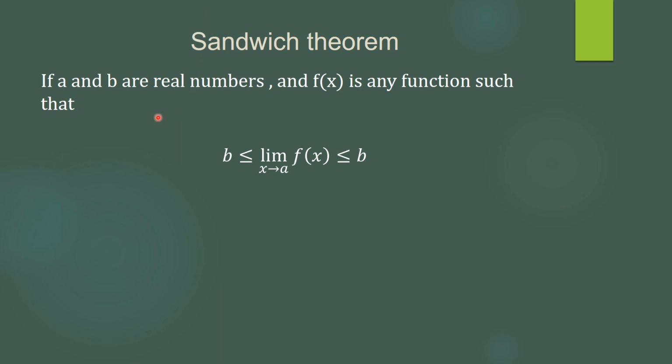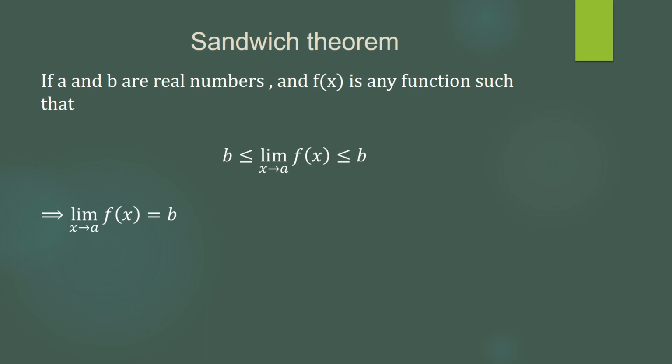But what the theorem states is: if a and b are real numbers and f of x is any function such that b is less than or equal to limit x tends to a of f of x, which is less than or equal to b, so the value of this limiting function f of x is sandwiched between b and b, it implies that the value of f of x as x tends to a will be equal to b. That is called the sandwich theorem.